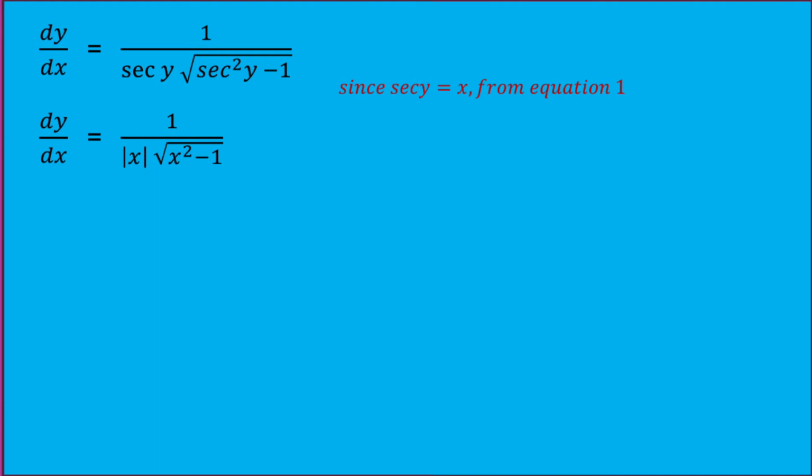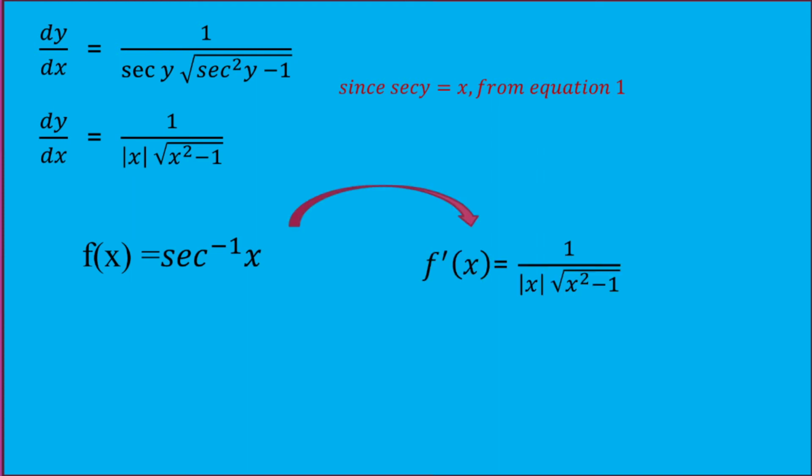So it will become dy over dx is equal to 1 over the absolute value of x times the square root of x squared minus 1. And now in summary, for the arcsecant x, the derivative is 1 over the absolute value of x times the square root of x squared minus 1.